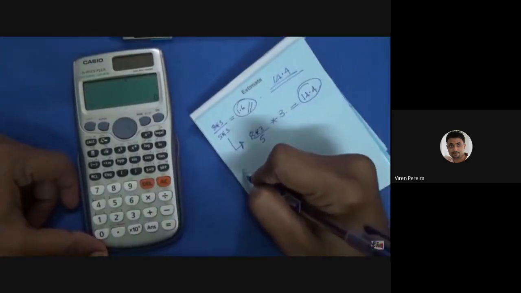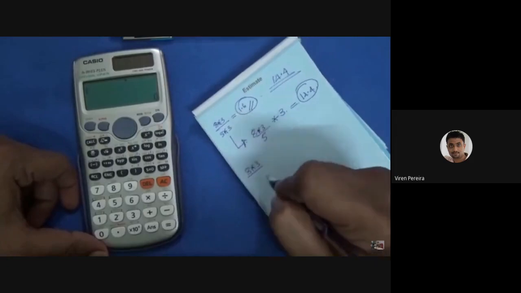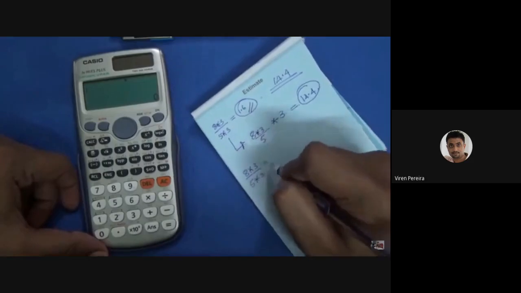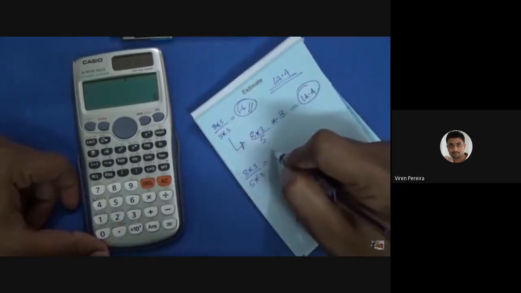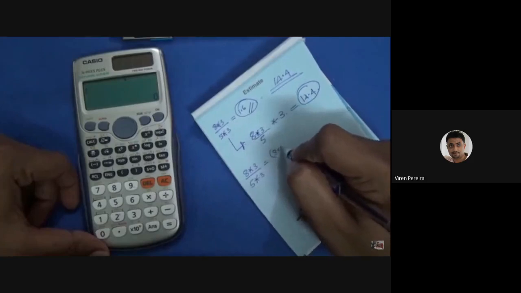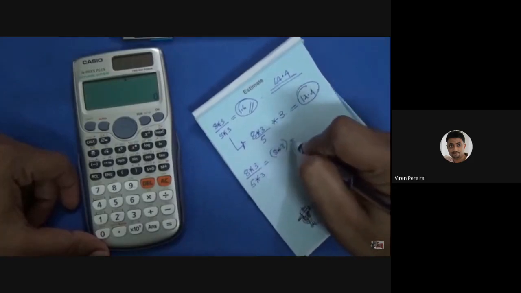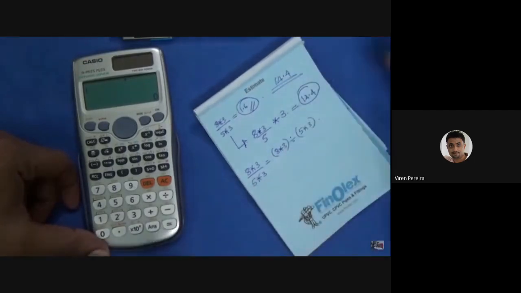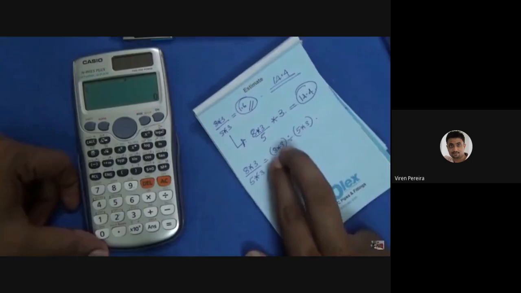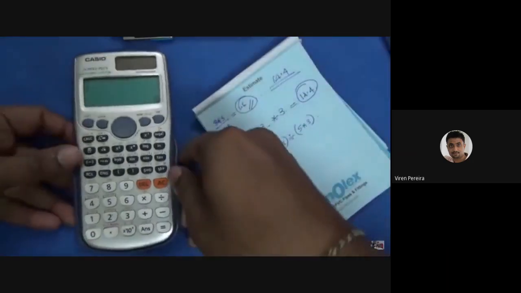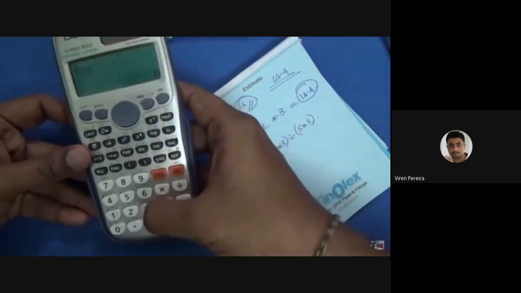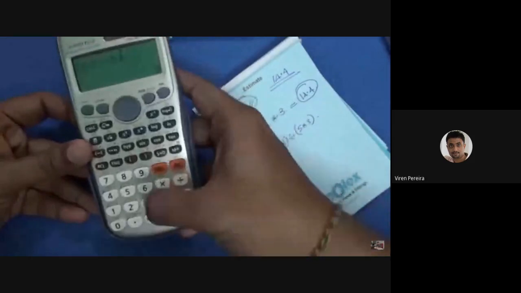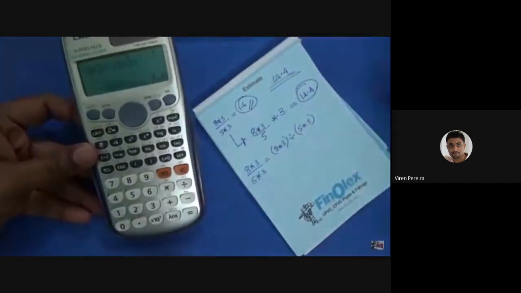When I take the sum as 8 into 3 divided by 5 into 3, in my calculator I have to specify open bracket 8 into 3 close bracket divided by open bracket 5 into 3 close bracket. I have to use my open and close here, and here. So I open the bracket, 8 into 3, close bracket, divided by open bracket, 5 into 3, and I get my value as 1.6.